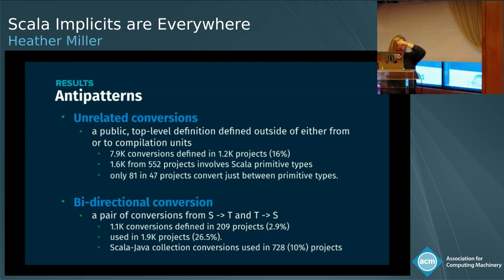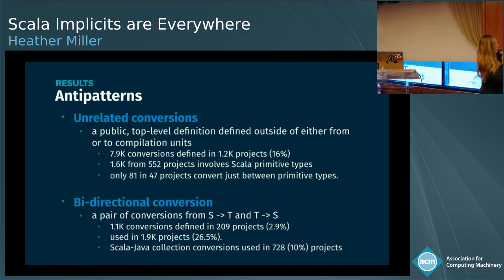And then the other one is conversions that go both ways. This is problematic because these conversions are not necessarily visible, so it's difficult to reason about the types at a given call site because some unexpected conversion could happen. This was an issue with Scala and Java. There was a library once, now deprecated, that would convert between Scala and Java collection types.